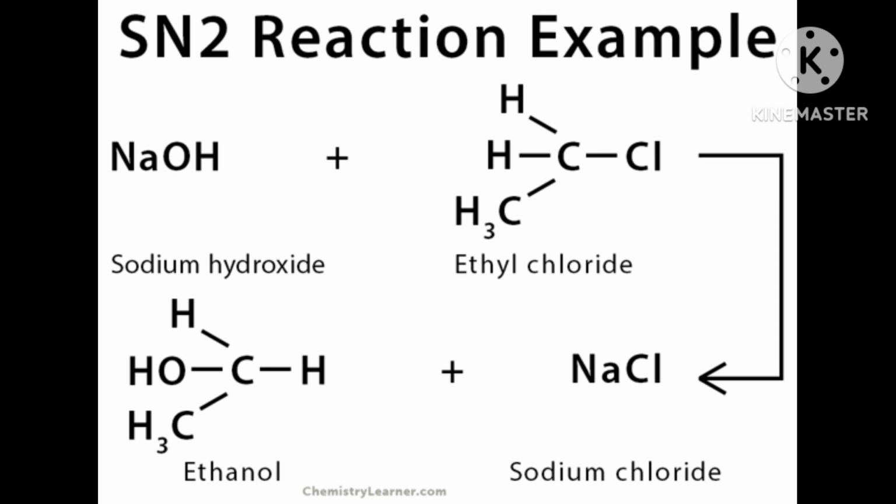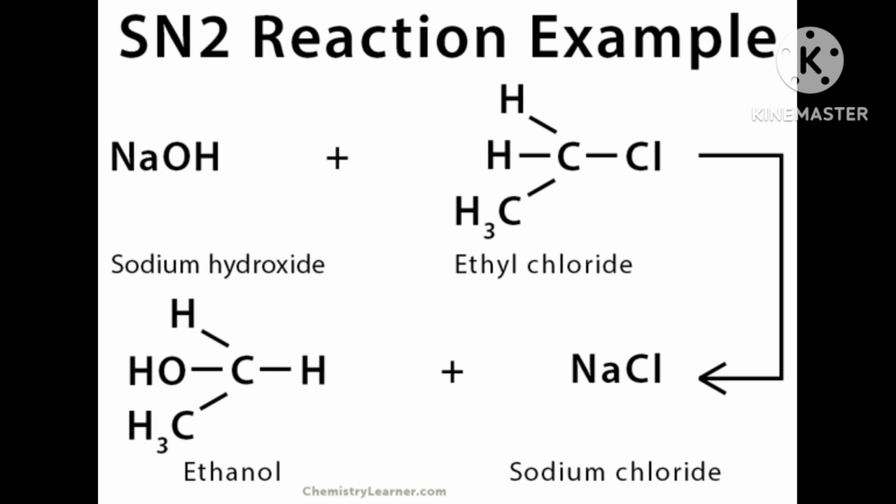The rate of reaction depends upon the concentration of only one reactant, which is tertiary butyl bromide. With the carbon, three methyl groups are attached and one bromine atom is there.